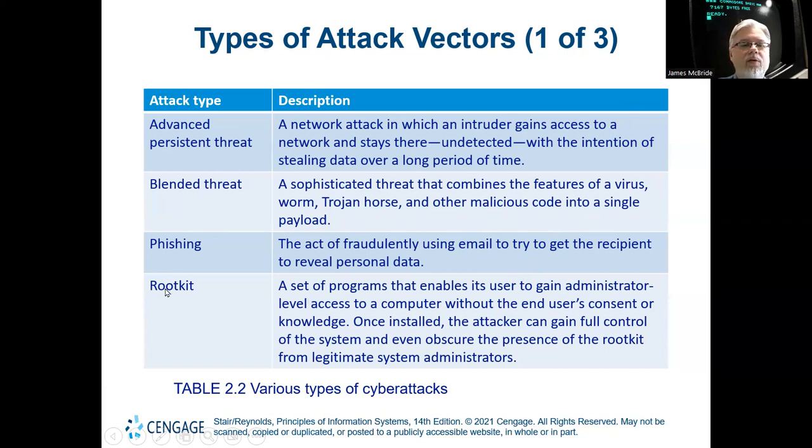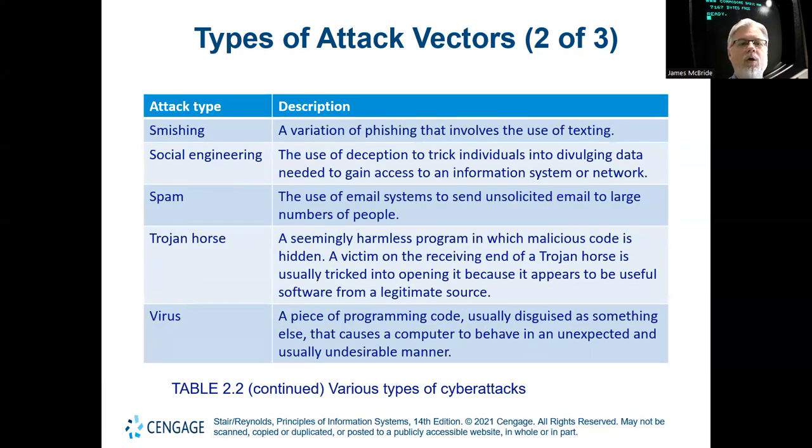And then a rootkit. Now, this is broadened out in its definition. So in some material, rootkit doesn't quite mean the same thing as it does here. So here it's basically saying you get backdoor privileges. You get root privileges, and they're calling that a rootkit. So once installed, the attacker has full control over the system. Smishing, a variation of phishing that involves using texting.